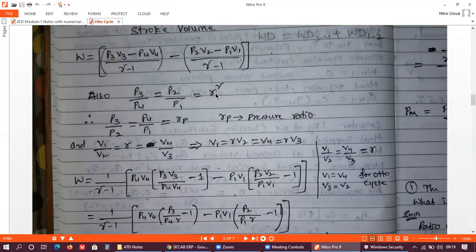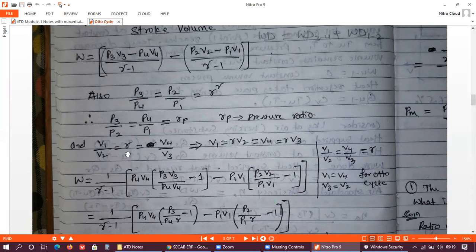Then the second one is the pressure ratio equation, P3 by P2 is equal to P4 by P1 is equal to RP. Along with that, you have to remember the equation for the compression ratio, that is V1 by V2 is equal to R, where R is nothing but the compression ratio, and the same applies to V4 by V3, so R is equal to V4 by V3.